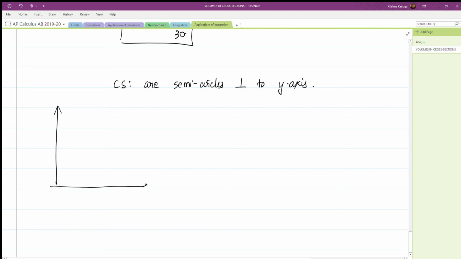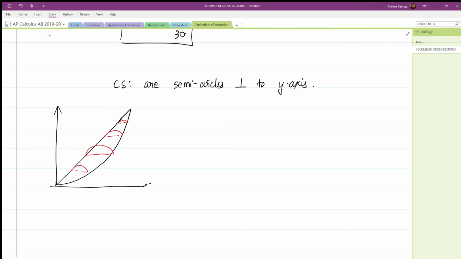Let's take the region once again, but this time the slices are going to be perpendicular to the y-axis. So draw a horizontal line, and now what we have is semicircles. As we move along, we have semicircles of various dimensions.